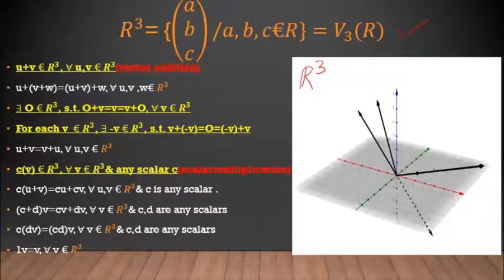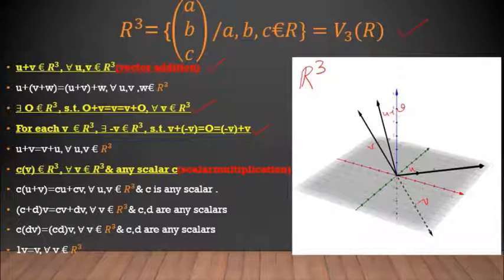So we can explain the first one, that is, the sum of two vectors is again a vector. The same thing is seen here. This is U and this is V, and the sum of these two, U plus V, is this W, which is also a vector. Next is a zero vector, which is at the origin, and next, for each vector there exists a negative vector: if V is here, then minus V is shown here in the graph.